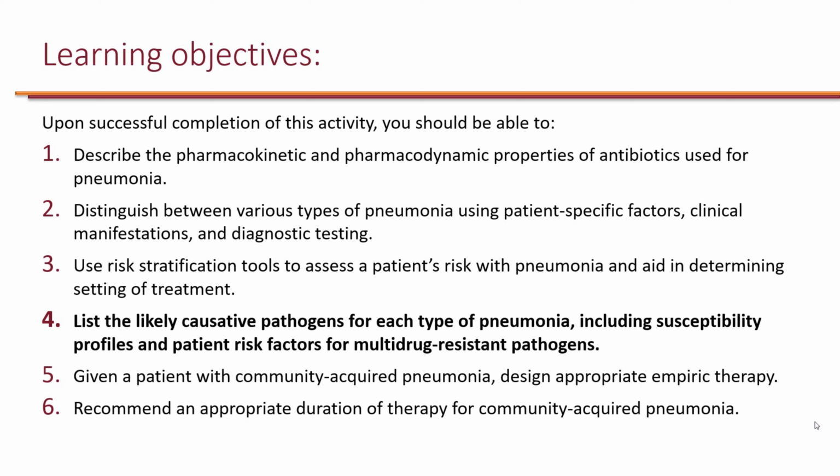We describe the PK/PD properties of antibiotics used for pneumonia, distinguish between various types of pneumonia, and use risk stratification tools to assess a patient's risk with pneumonia and aid in determining the setting of treatment. Now let's list the likely causative pathogens for each type of pneumonia, including susceptibility profiles and patient risk factors for multidrug-resistant pathogens.